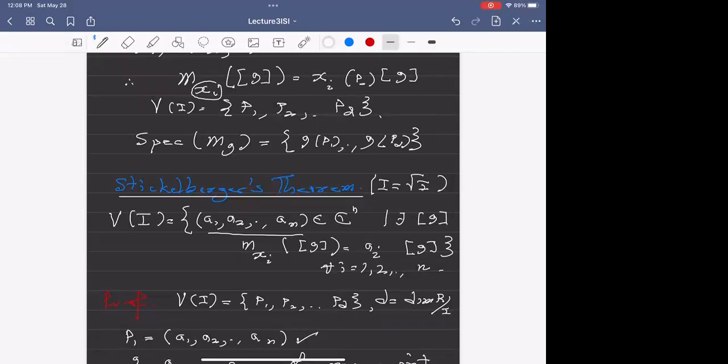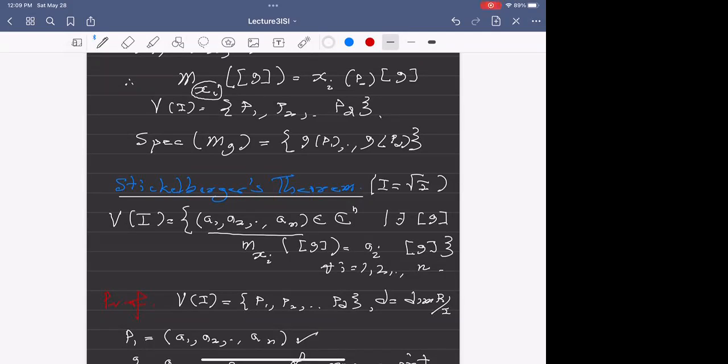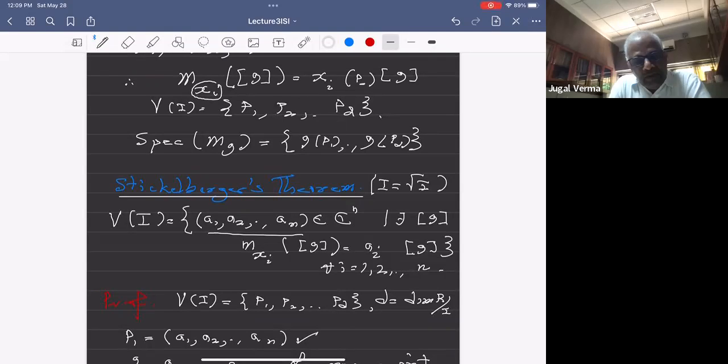Not about the Stickelberger theorem: in the strong Hilbert Nullstellensatz, we proved there is a connection between algebraic varieties and radical ideals. Is it possible, if we take any subset of C^n, to find some ideal whose solution set it is? If it is a finite set, yes, it is possible.